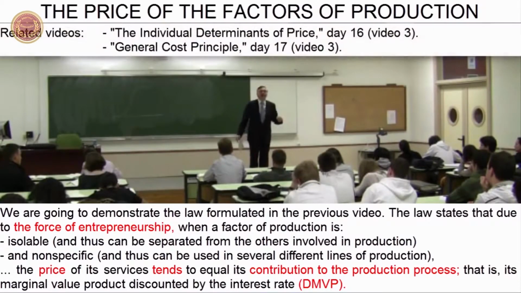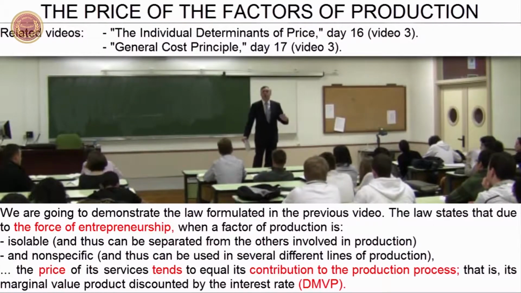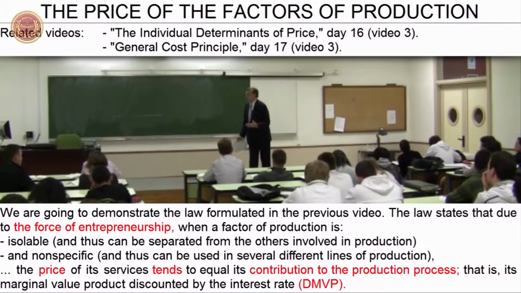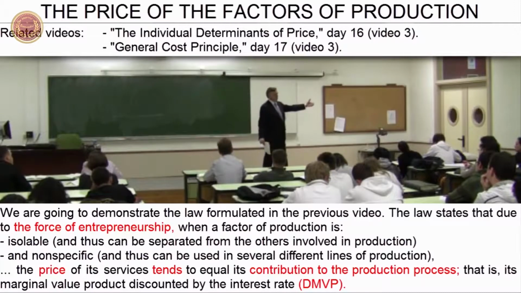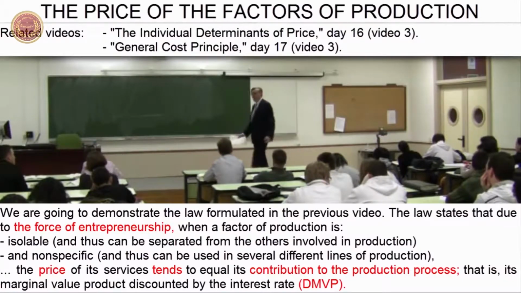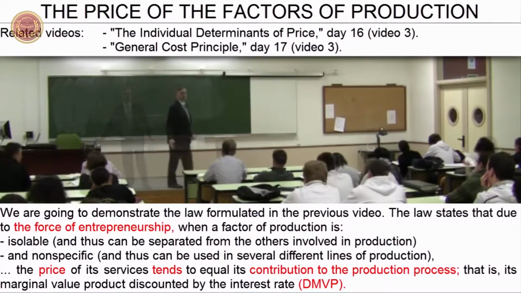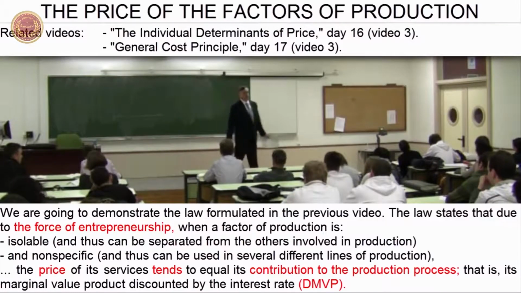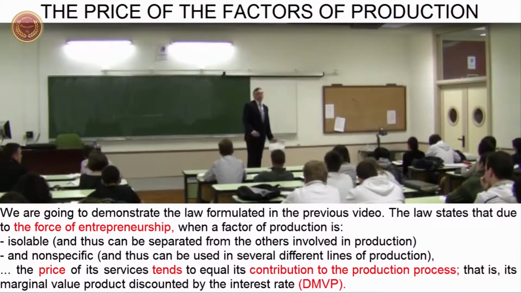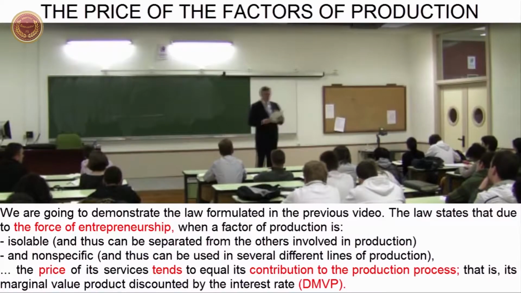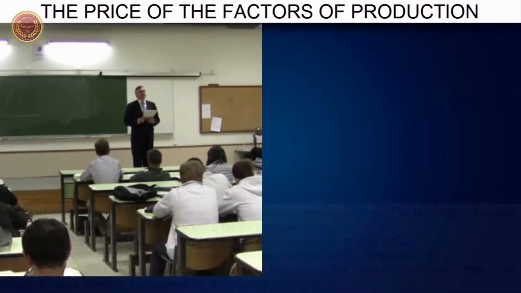That is, I will ask what would happen if a worker, or any productive factor, if we are discussing not the labor factor, but the rent of another productive factor, like the price of renting a computer or a tractor, what would happen if that factor were not paid what we have called the discounted marginal value product, or the present value of that factor's contribution to the process of production? In the specific case of labor, what would happen if an entrepreneur paid a worker less than his discounted marginal value product? Well, something very simple would happen.